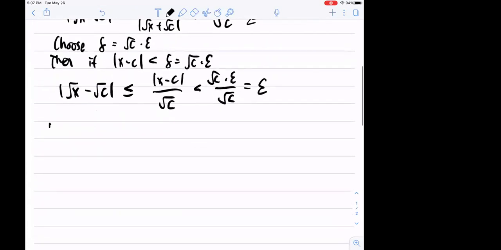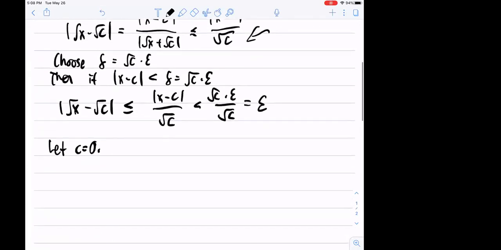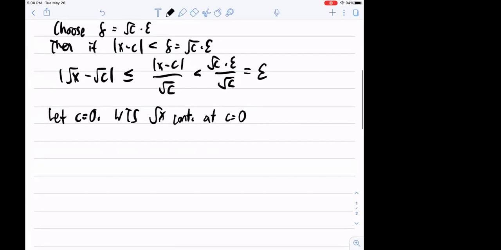So let c equal 0. Then let's write out our statement. We want to show root x is continuous at c equals 0. So for all epsilon bigger than 0, there exists delta bigger than 0, such that if, in this case, x minus c just becomes x, because x minus 0.